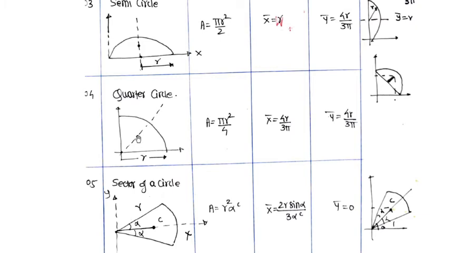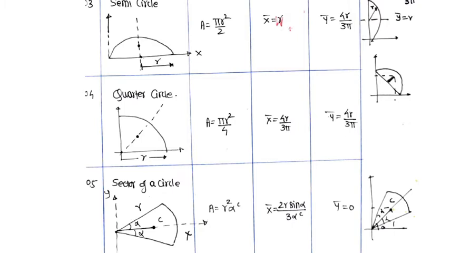So, x bar, the horizontal distance of centroid, is equal to 4 r by 3 pi, and the vertical distance of centroid is 4 r by 3 pi. This is a standard result: x bar 4 r by 3 pi, y bar 4 r by 3 pi.